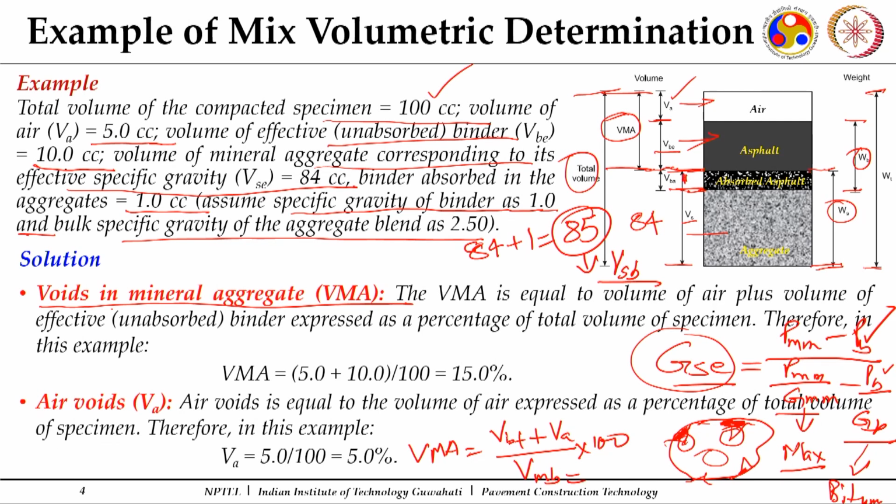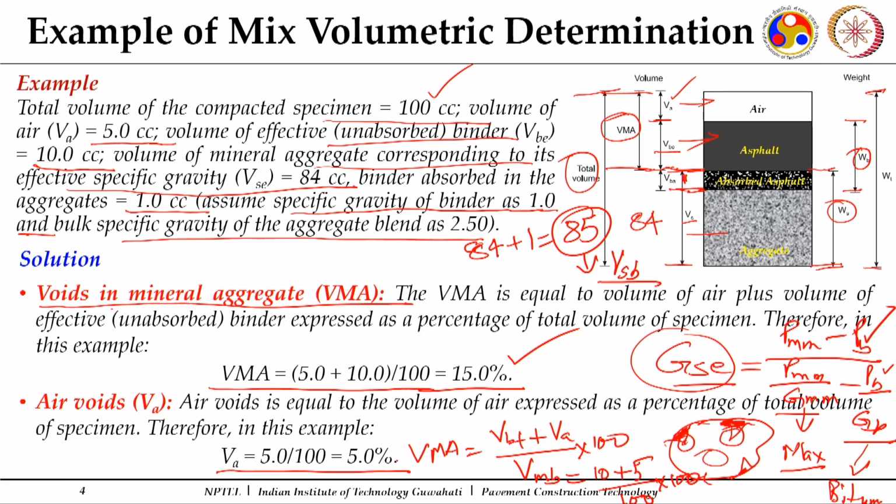Volume of free bitumen, the effective binder, is 10. What is the volume of air? Which is 5 cc, total volume is 100. So, this will be giving you 15% of your VMA. So, voids in mineral aggregates in a compacted specimen is 15%.